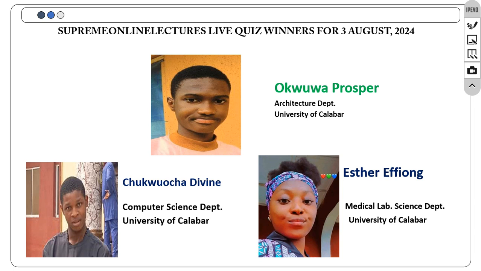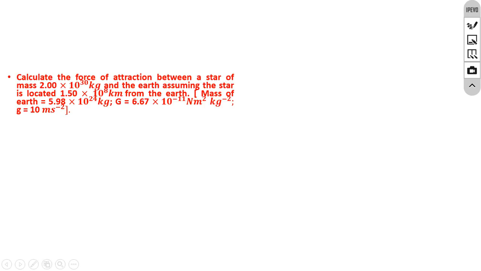Okay, so let's move down to today's questions. This question says, calculate the force of attraction between a star of mass 2 times 10 to the power 30 kg and the Earth, assuming the star is located 1.50 times 10 to the power 8 kilometers from the Earth.